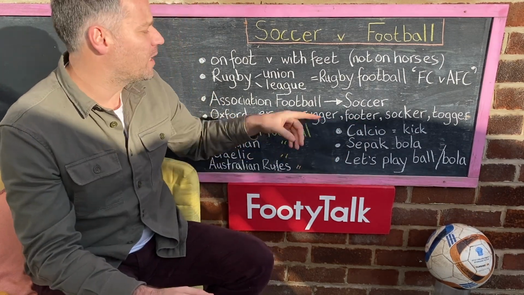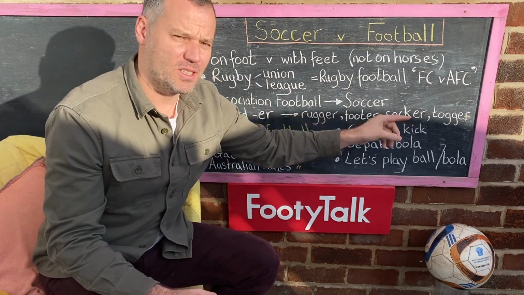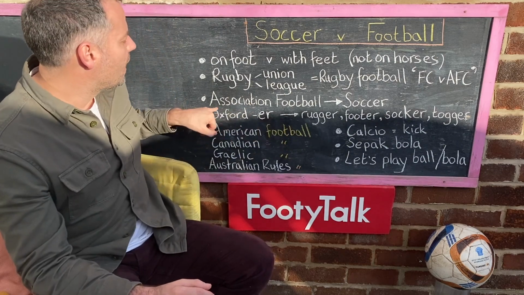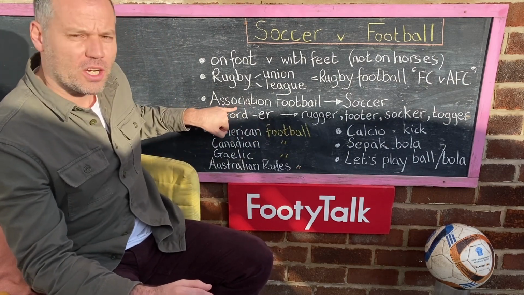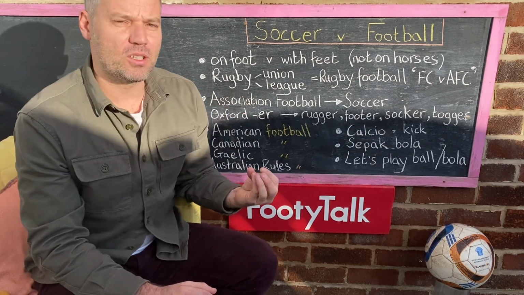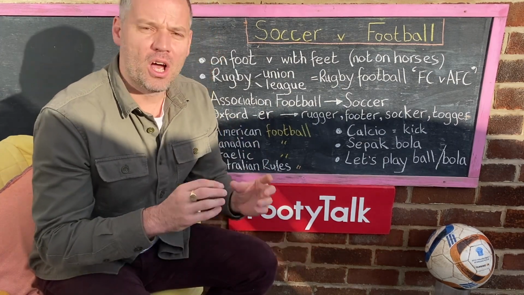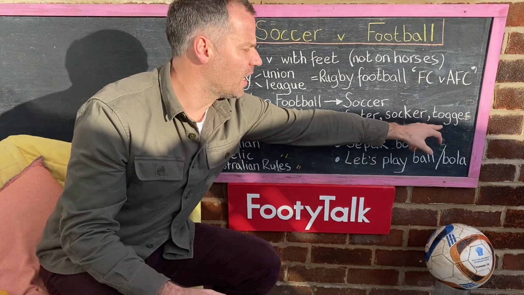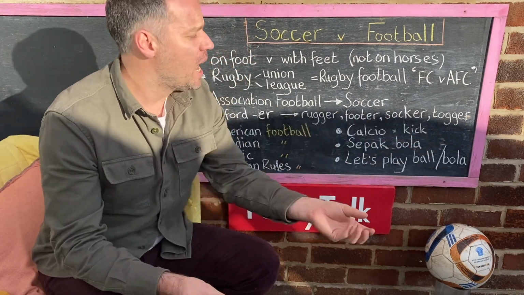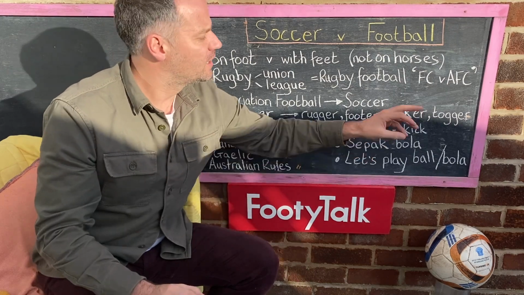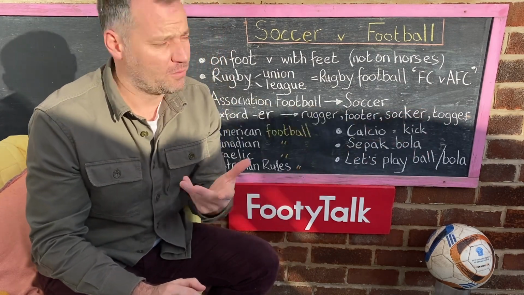And also it was called soccer. So it's spelt like this with a CK, and this comes from the association, this soc part here. So it was called soccer around that time in the late 1800s. Also it was called togger. I don't know why it's called togger, but also now sometimes my friends use the word togger to describe football.